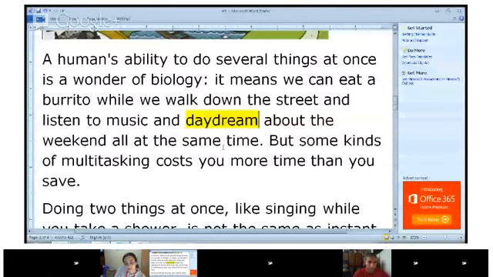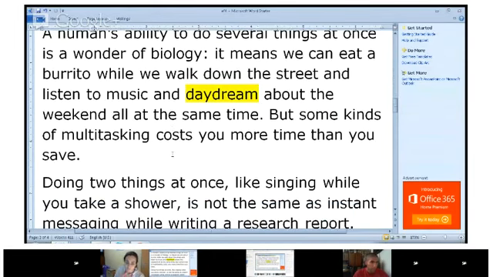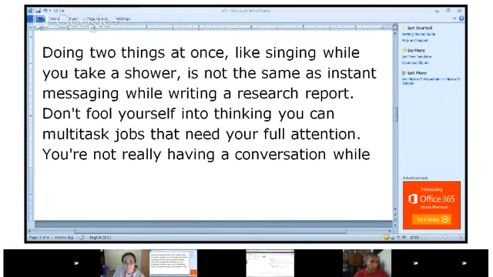It's a little bit like fantasizing, perhaps. So humans have a natural, incredible ability to multitask. Okay, and so I'd like to move on.